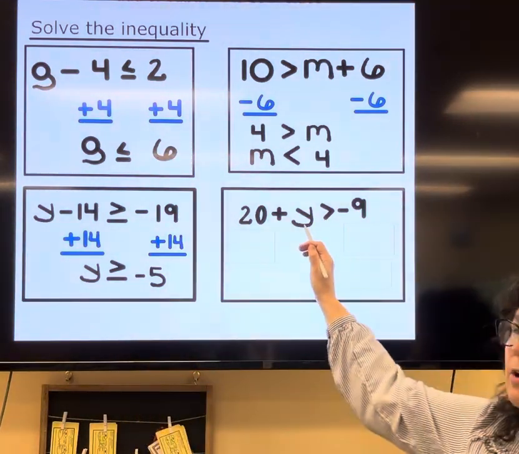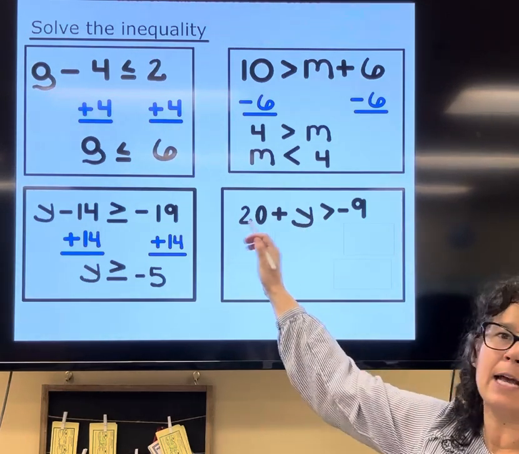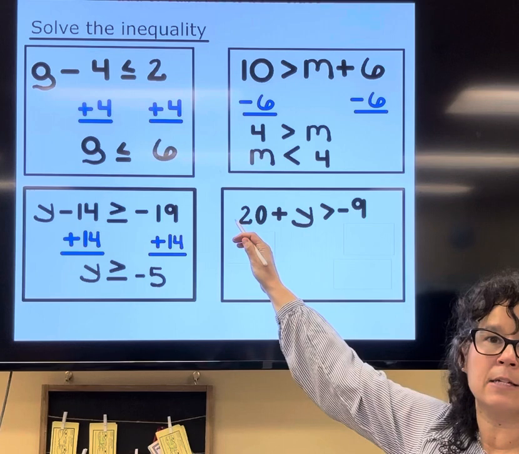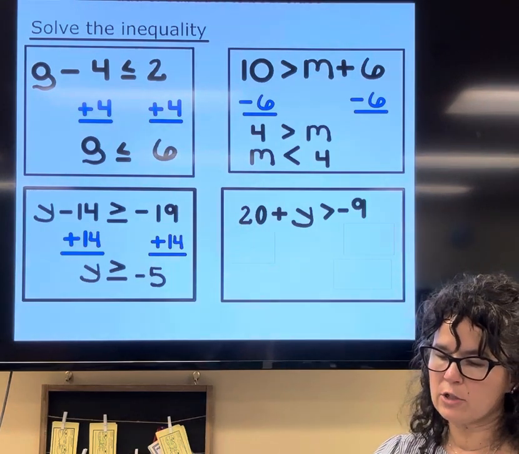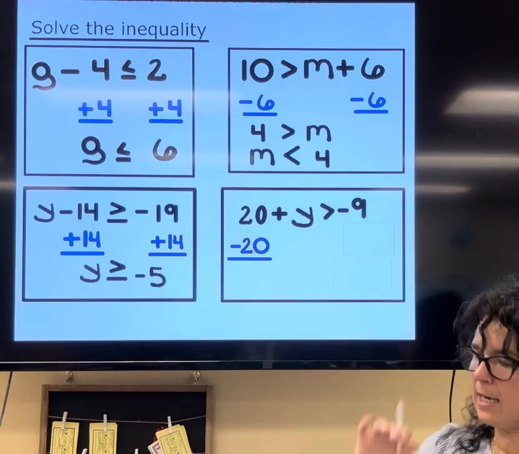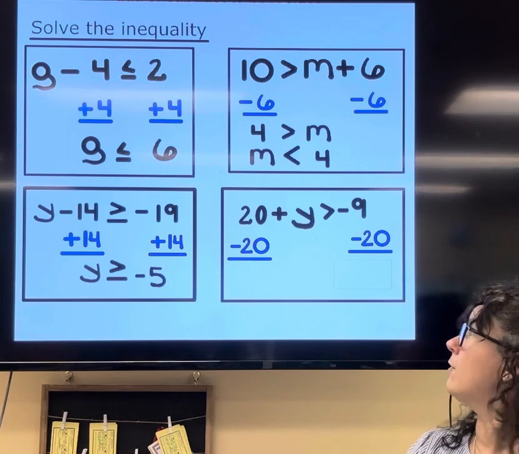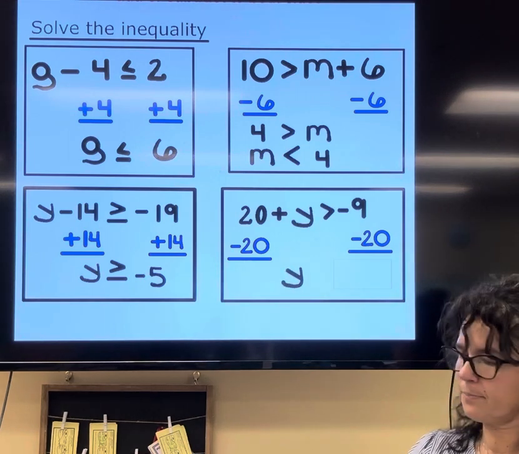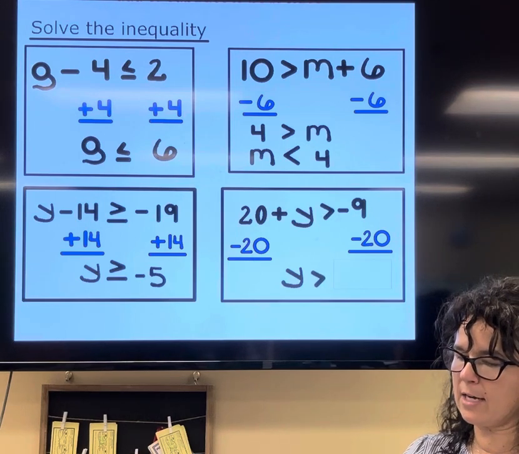Last example, if I want to get y by itself here, what's on the same side as the y is this +20. And so to get rid of this +20, I want to subtract the 20. What I do to one side, I do to the other. Okay, the y will now be by itself, so I'm going to bring that straight down. The inequality symbol, I'm going to bring that straight down.